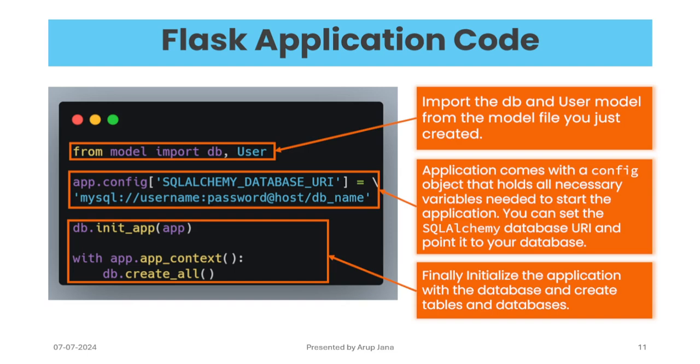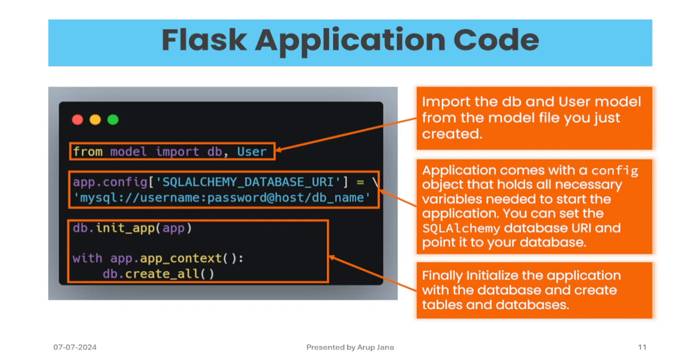Then you give a colon, and then you use the password that you have in your MySQL. Then you give @ and the hostname. Most of the time it is localhost, so you can give localhost, and then a forward slash and then the DB name. We'll look into it a little further in the code. I will explain it again.